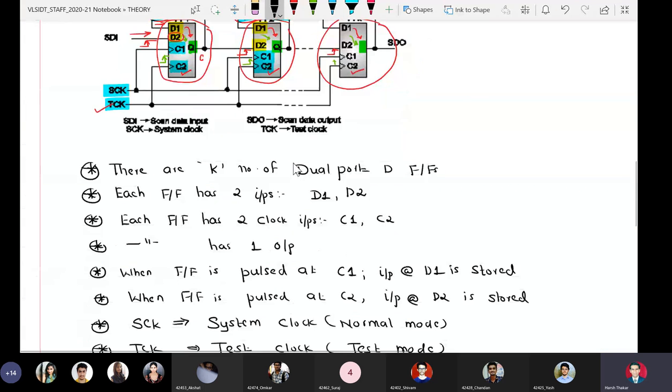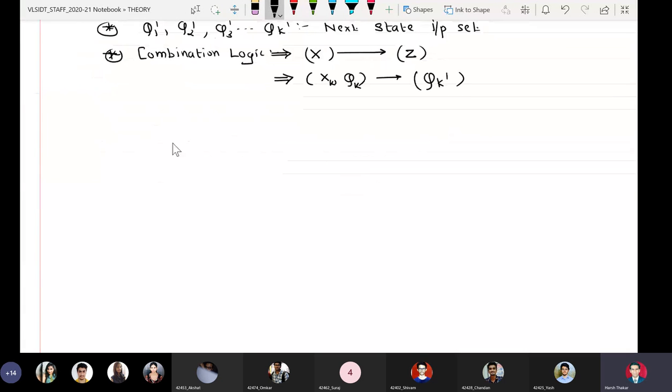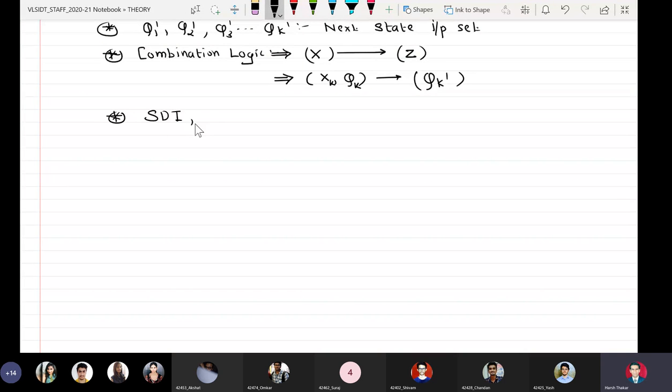And SDI is scan data input and SDO is scan data output.